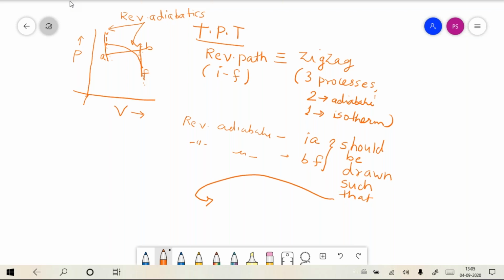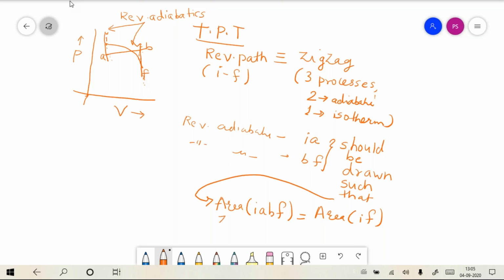The condition to be satisfied is that the area under IABF has to be equal to the area under IF. It means that the area under the zigzag path has to be equal to the area under IF.